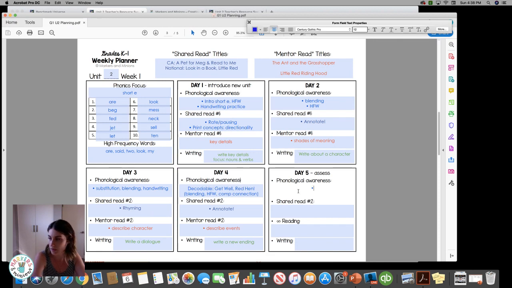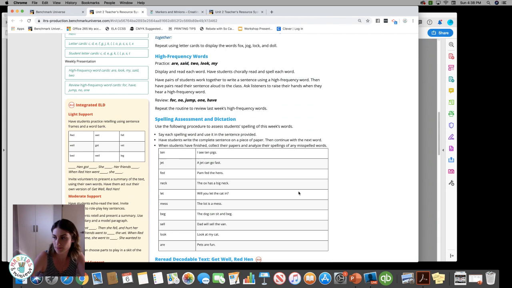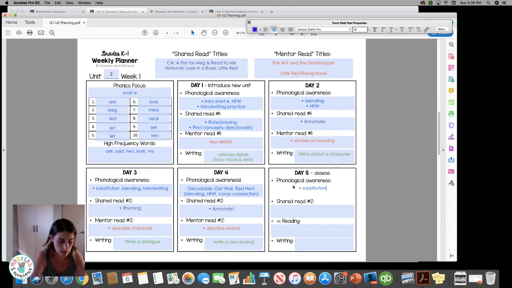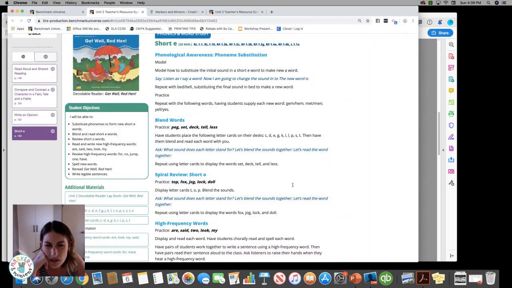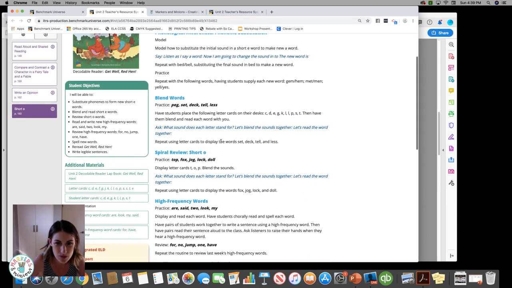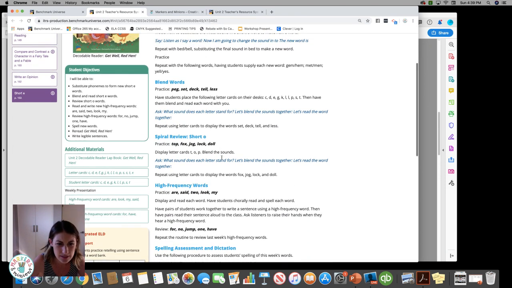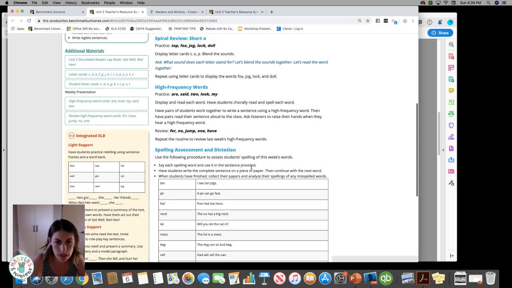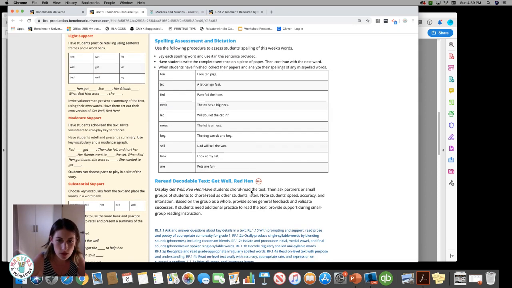Let's choose a couple. Let's do substitution and blending. Maybe have some of those be independent. I'm not going to do the spiral review. Let's do, what are they doing in their decodable?